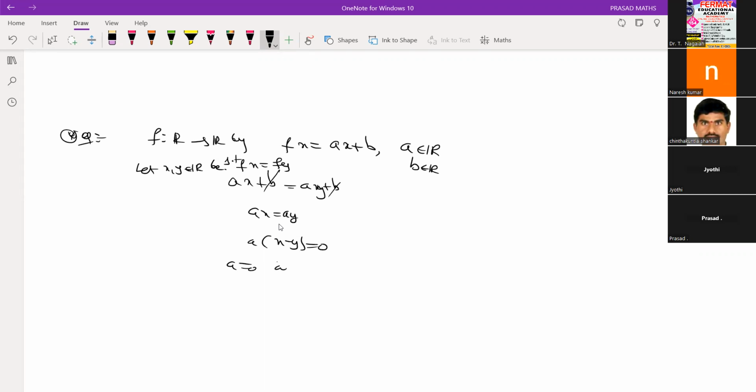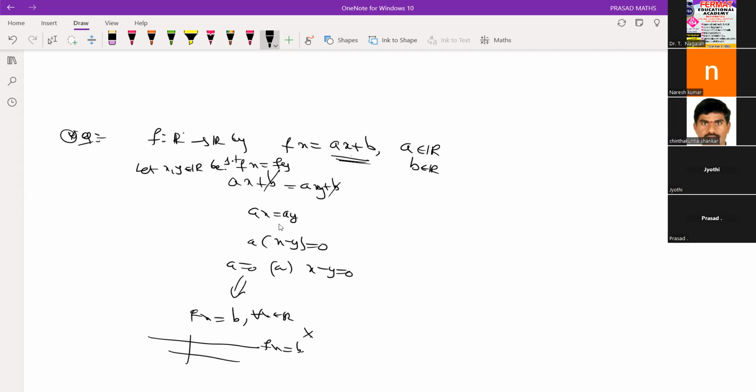Either a is 0 or x minus y is 0, because you are working with the field of real numbers, an integral domain, it has no zero divisors. If a is 0, the function could be a constant function. Substitute here: 0 into x plus b, that is b. This is true for every x. So your function is a constant function.